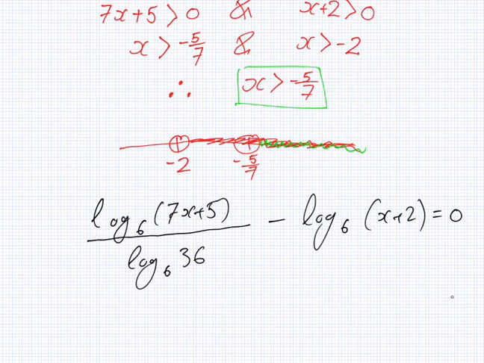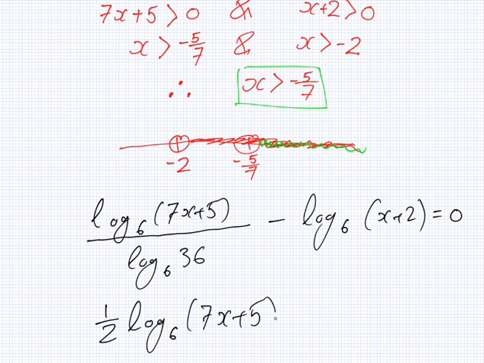Okay? Oops. Log base 6 of 36 is 2. So this is a half log base 6 of (7x plus 5) minus log base 6 of (x plus 2).